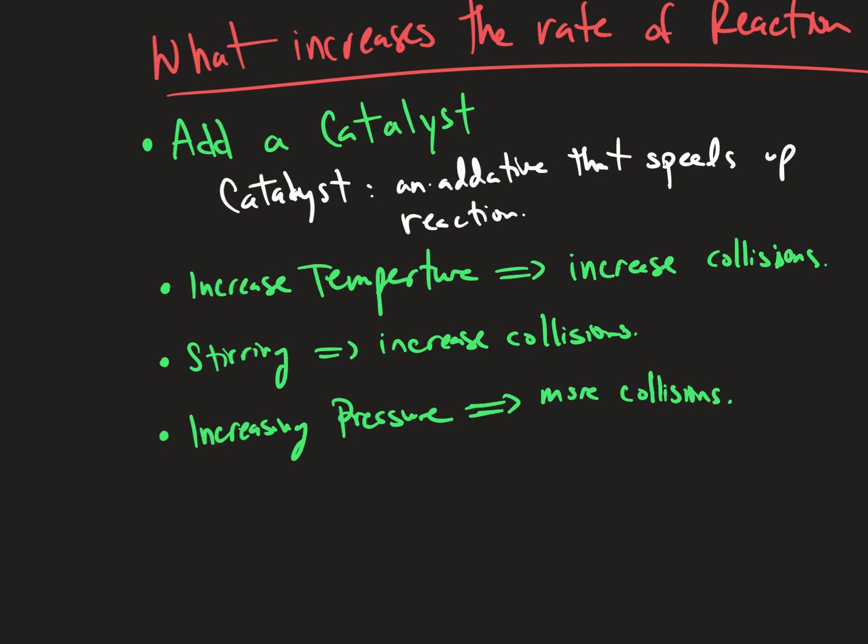Does that make sense to everybody? Okay. And so when we add a catalyst, let me just add one more thing here. When we add a catalyst, it lowers the activation energy.